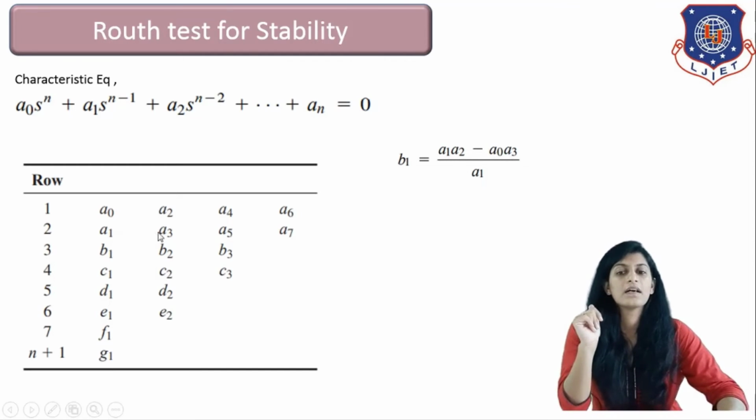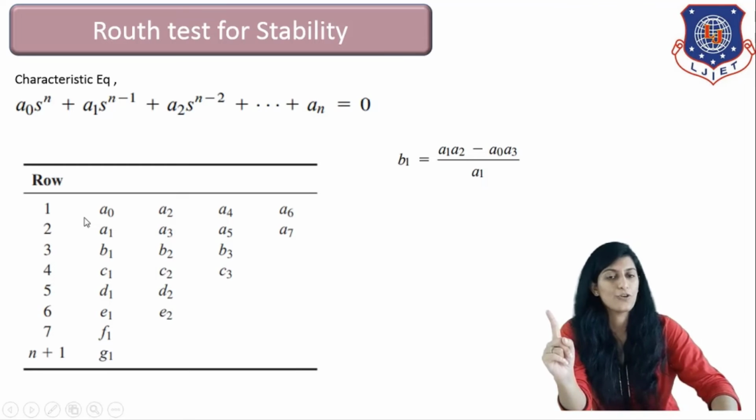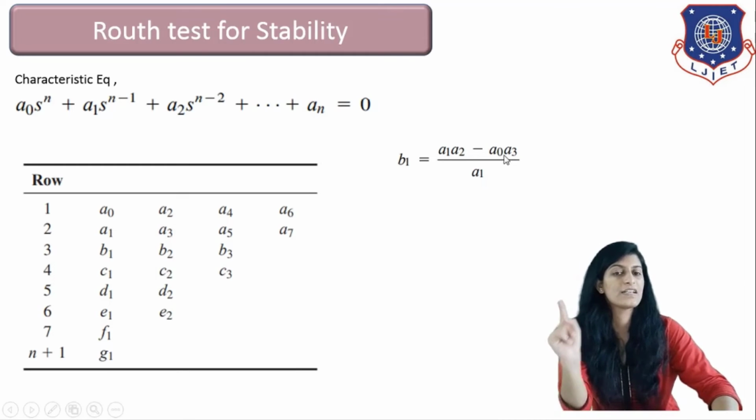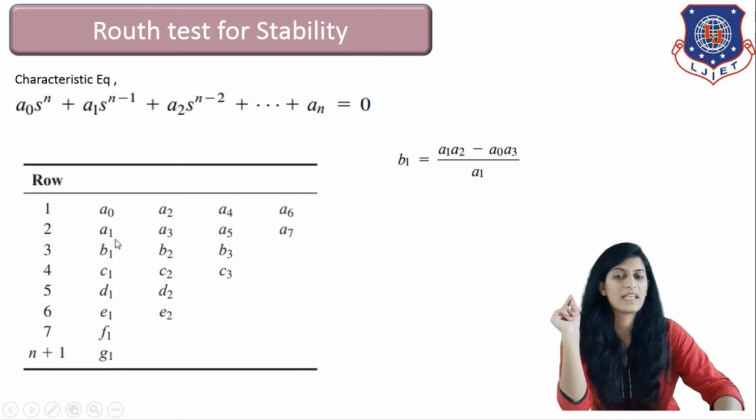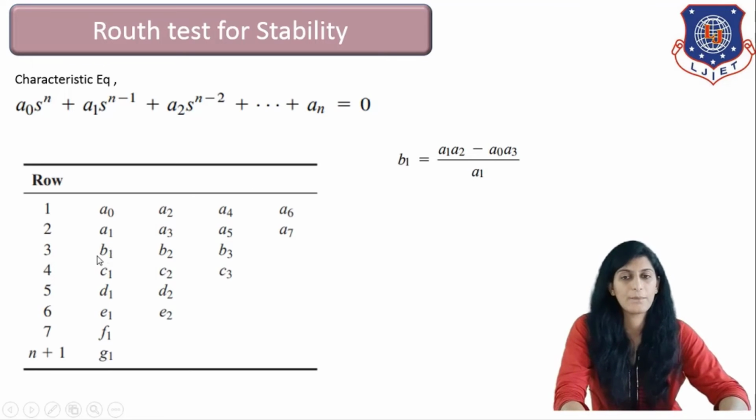After that, go diagonally opposite to it: A3 cross multiplied diagonally with A0. So A0 into A3, divided by the term above your desired term, which is A1. This is how we calculate the term B1.